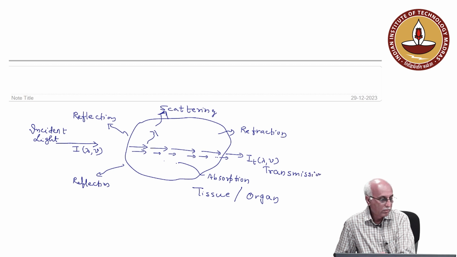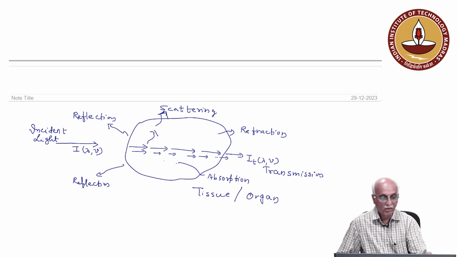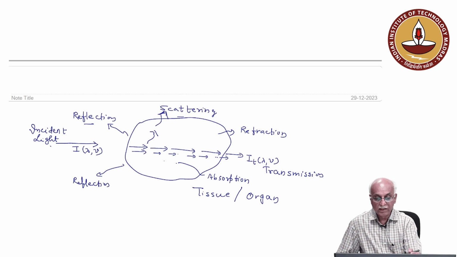So biophotonics overall deals with the interaction of photons with the tissue, and then observing either reflection or scattering, or measuring scattering, transmission or absorption characteristics.